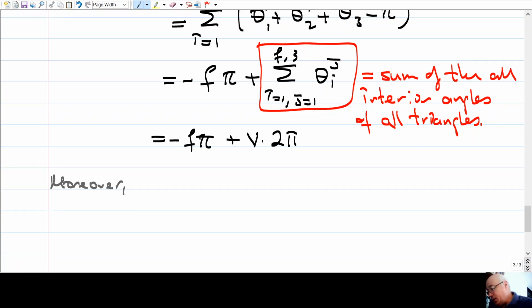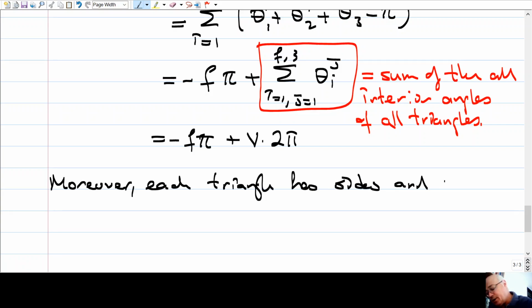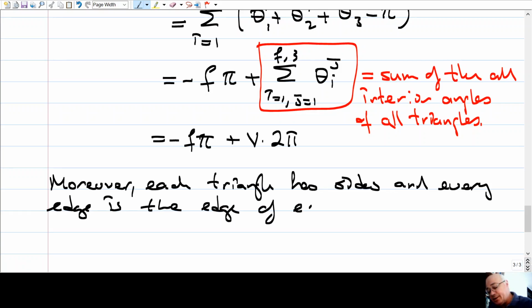Moreover, each triangle has 3 sides, and every edge in the triangulation is the edge of exactly 2 triangles.